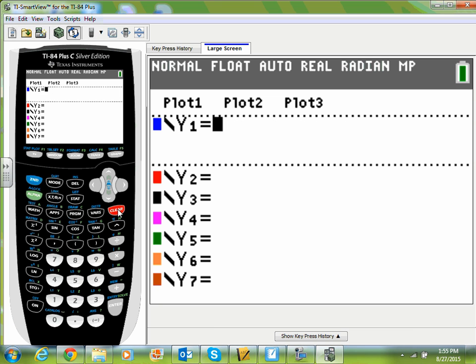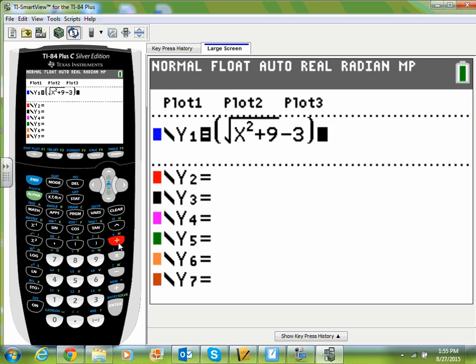Okay, so if I go to graph that equation, I get the square root of x squared plus 9 minus 3 divided by x squared.